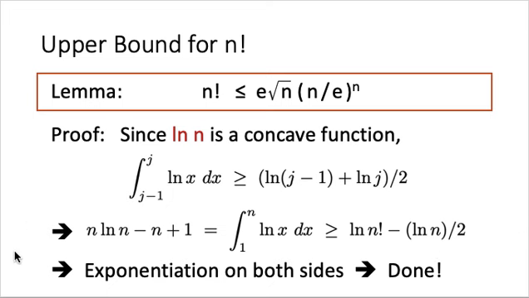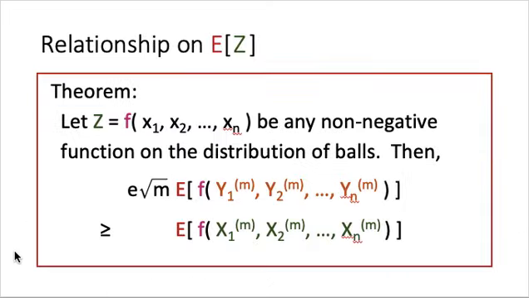Okay, once we have this bound, we are ready to show this theorem. Suppose that Z is a certain random variable, a certain function that depends on the distribution of balls x1, x2 up to xn.